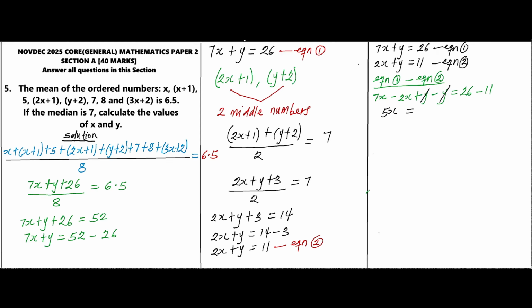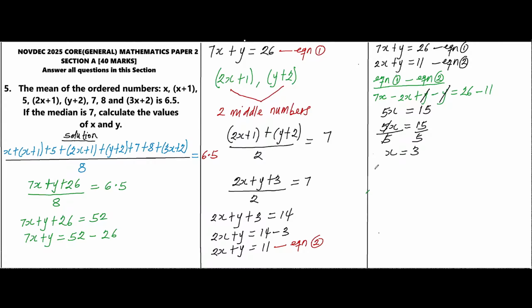So we have 26 minus 11, we have 15. So 5x is equal to 15. Because we are looking for x, we divide both sides by 5. So 5 will cancel out, leaving x as 3. So we now know x.